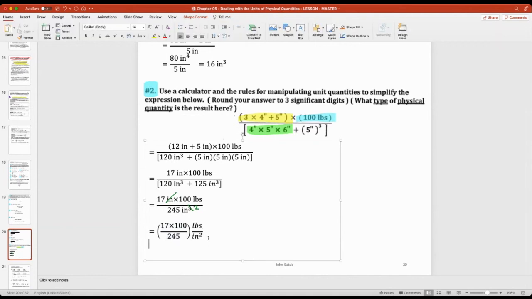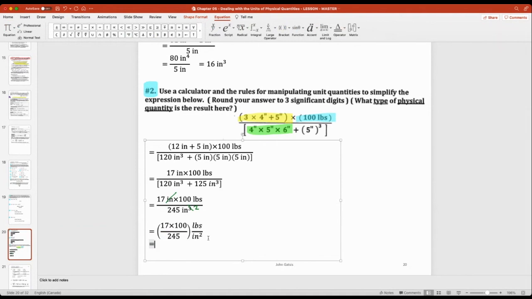That's correct. Can we get 3 significant digits on that? Because the question says 3 sig figs. 6.9 is what I got as well, Nicholas. I got 6.94, I think, when I did it on my calculator. Thank you. So that's the answer to the question.